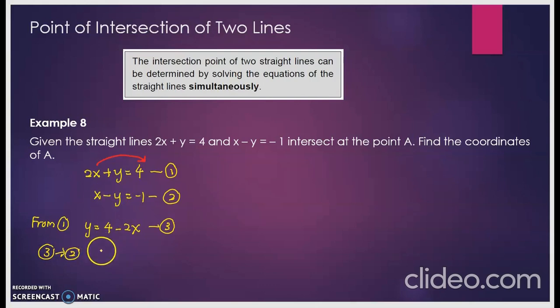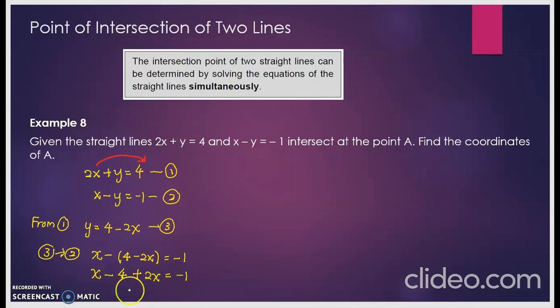So equation 2 will become x minus, where my y is 4 minus 2x, in the bracket, 4 minus 2x is equals to negative 1. So x minus 4, be careful with the negative here, plus 2x is equals to negative 1.